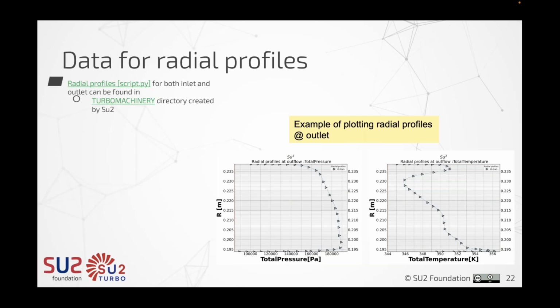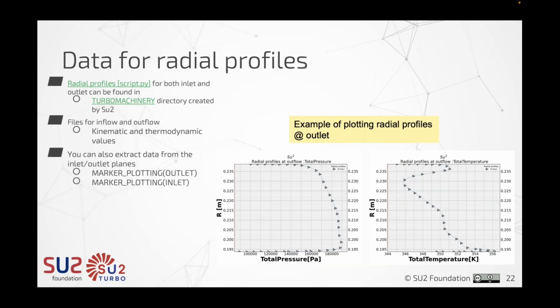Every time you run it, I think it overwrites the files, but the first time you run it, it'll create the directory. And you look for the kinematic and thermodynamic values. The kinematic values will have your momentum, tangential velocity, radial velocity, your Mach number. And the thermodynamic will have your density, total pressure, static pressure, and so on.